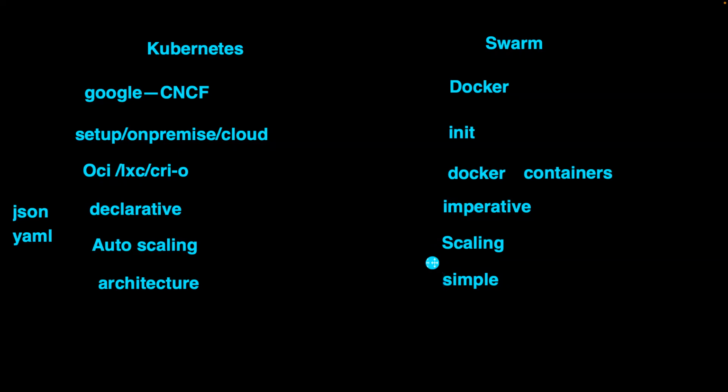Is this much clear? The basic differences and further differences, the actual differences we'll understand once we get to the hands-on, once we get into the architecture. Is this much clear for everyone?